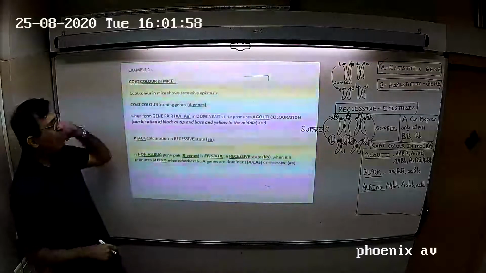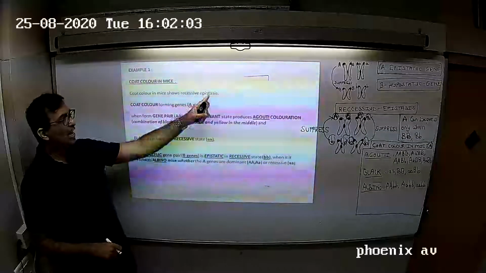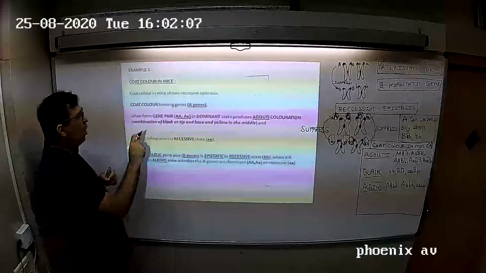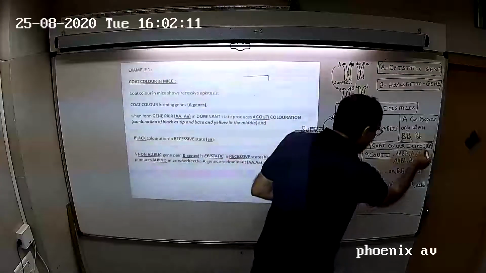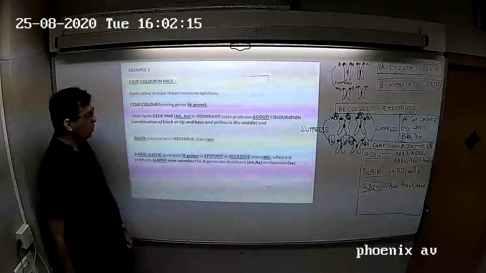Now we take an example. Coat color in mice shows recessive epistasis. Coat color in mice is formed by the A gene.